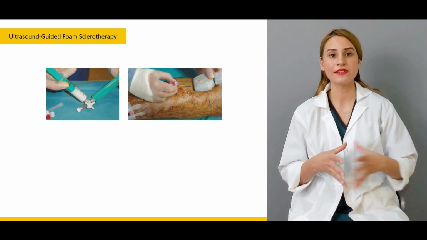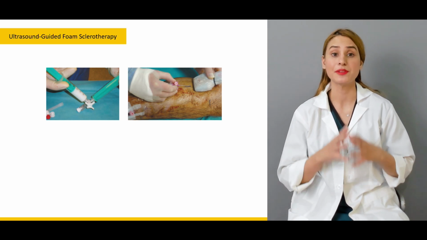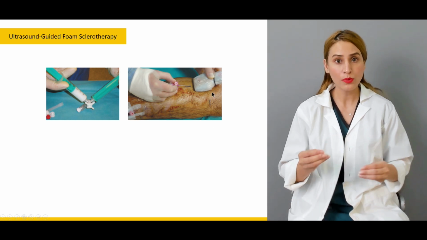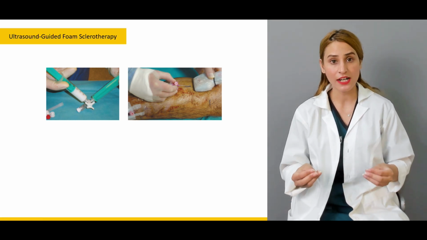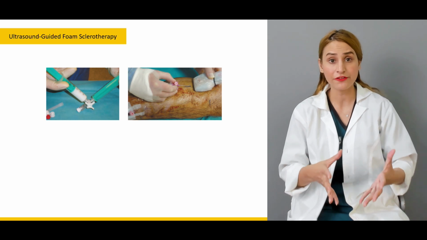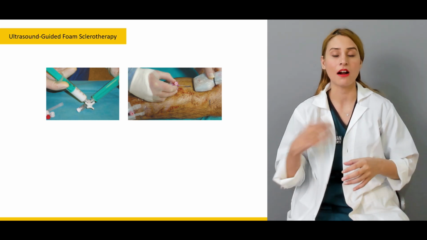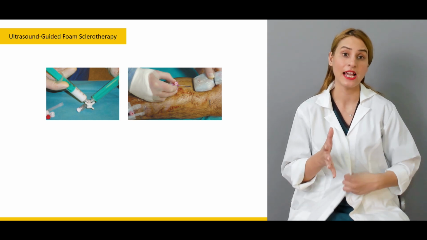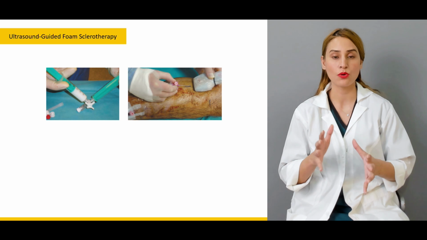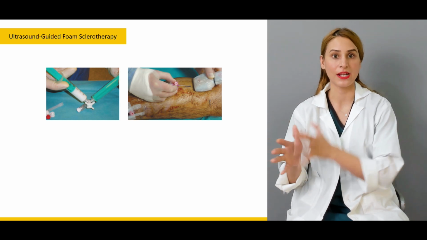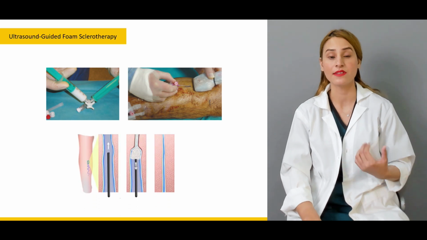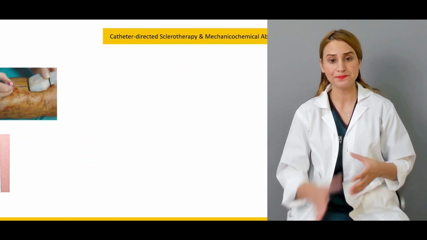In ultrasound guided foam sclerotherapy, you put the ultrasound probe over the vein. You have to identify the incompetence, whether it's in the perforator, the superficial vein, or the deep vein, and then inject the sclerosing agent into that dilated tortuous varicose vein, which will sclerose that particular vein.